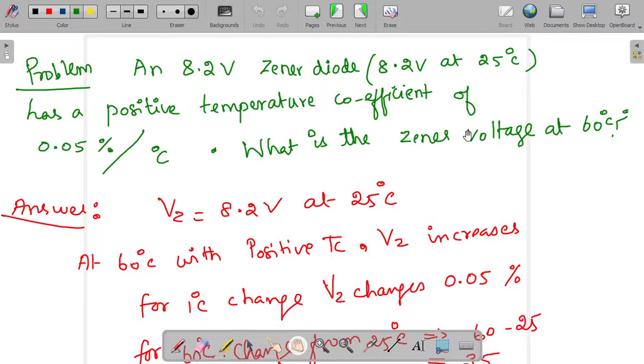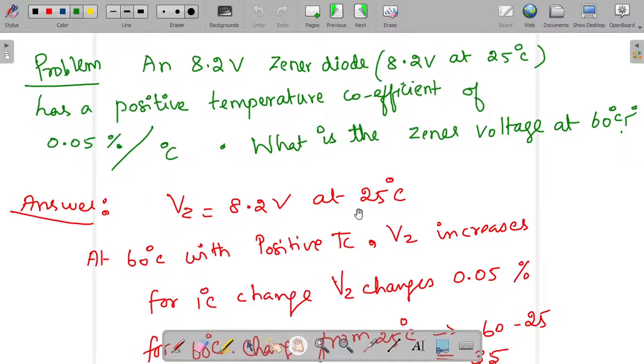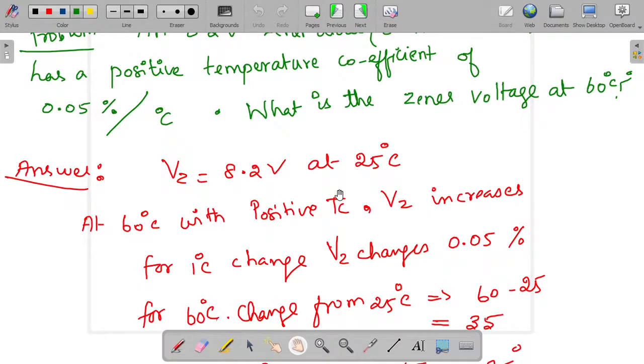So the temperature will be changing to 60 degrees centigrade, and the positive temperature coefficient is given. So as temperature increases, the Vz also increases. That is the concept.